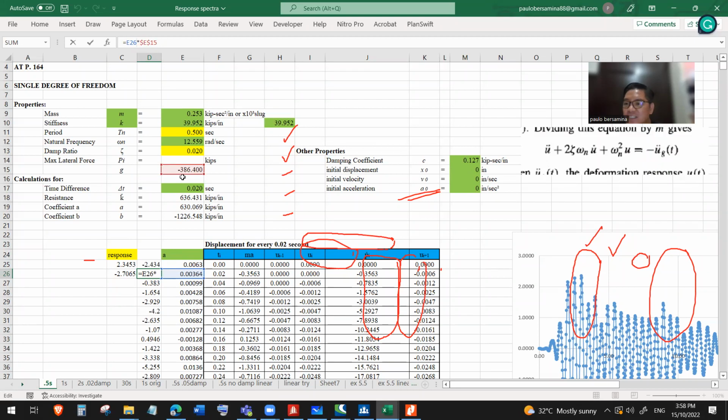Yan yung constant g, sa English units, kasi given na data natin ay English units. And yung data na na-download ko ng El Centro, so this is an El Centro earthquake, by the way, is in English units, so inch per second squared. So I use g na English.